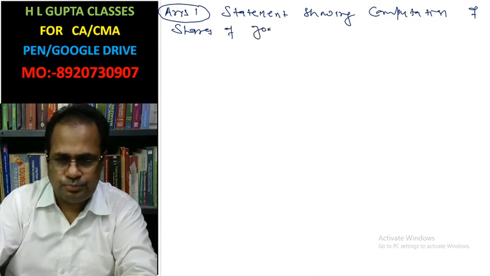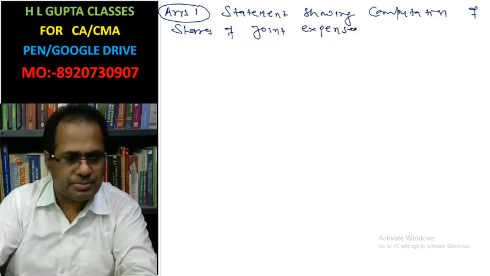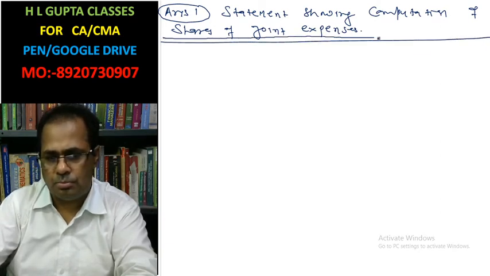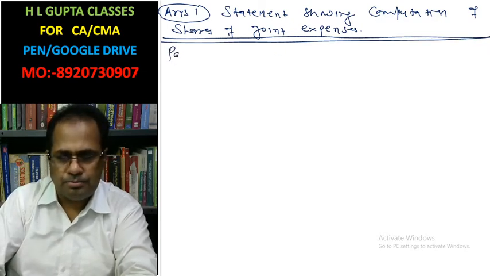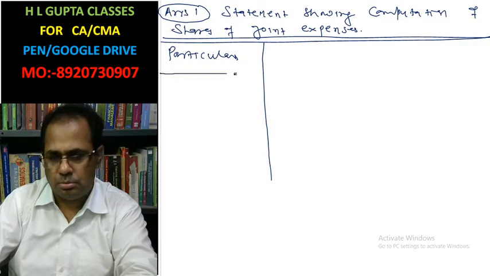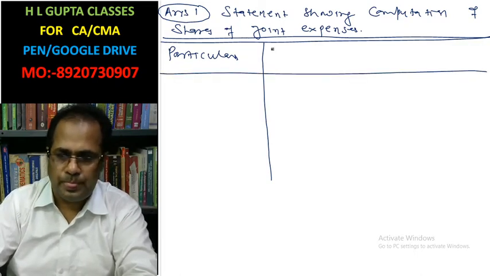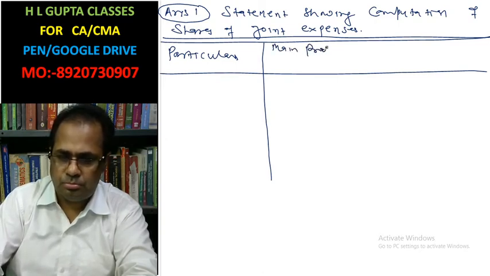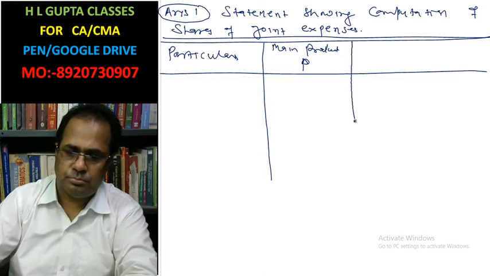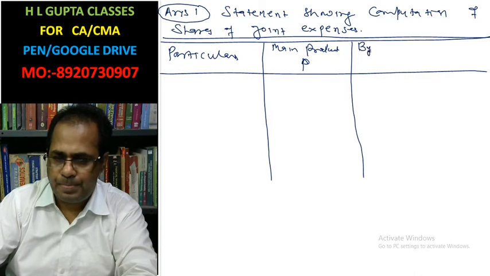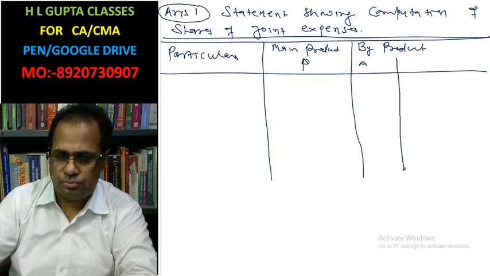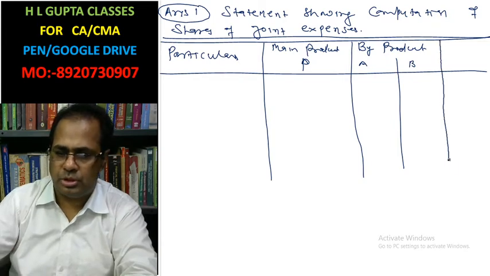Particulars: this is the main product P, byproducts A and B, and this is the total.